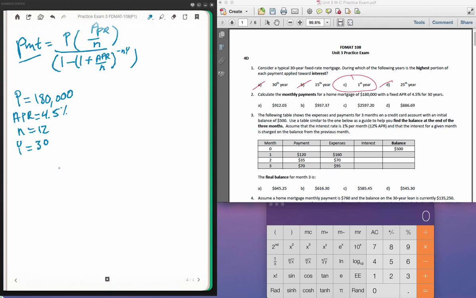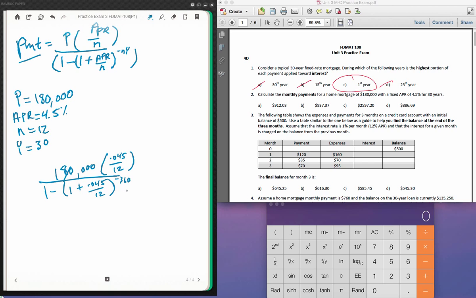So with this information, we can now plug into our equation: 180,000 times 0.045 divided by 12, all over 1 minus 1 plus 0.045 divided by 12, raised to the value of negative 360. Now remember, that right there is 12 times 30.